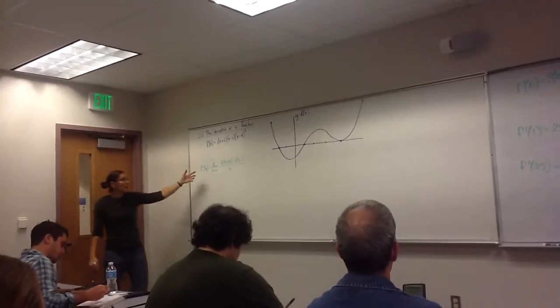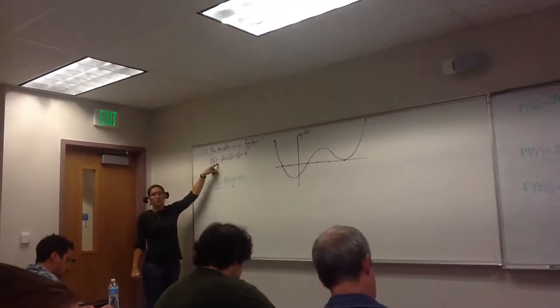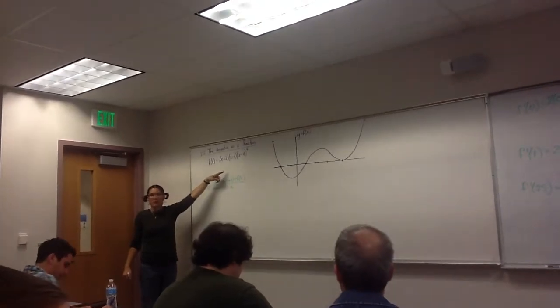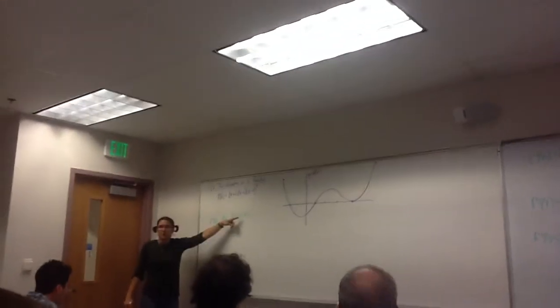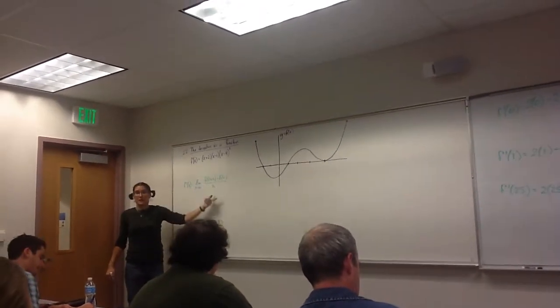So the first thing that we would have to do is go up to my original function up here, and everywhere I see an x, I'd replace it with an x plus h. And I'd write it all in. And then I'd subtract just my function f of x, and I'd divide that by h.